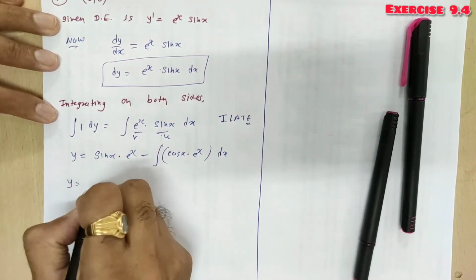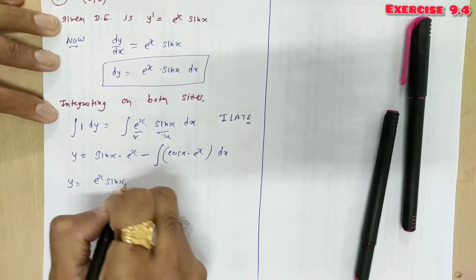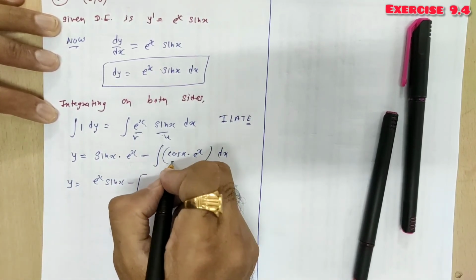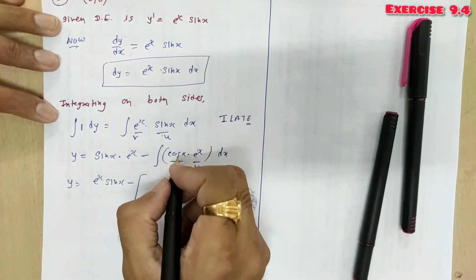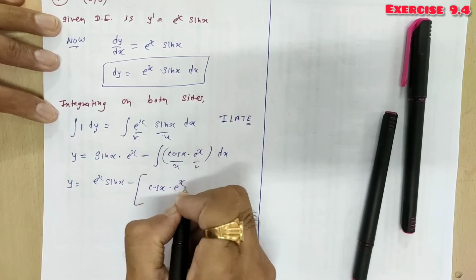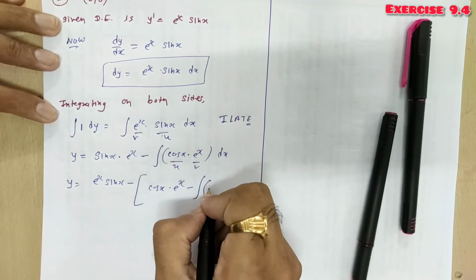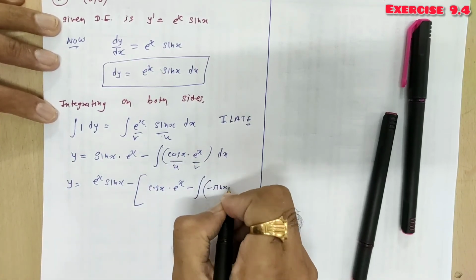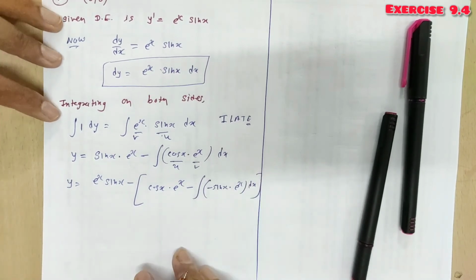So this is equal to y. This one is e raised to x sin x minus again integration by parts. This is our u and this is our v. u as it is, cos x as it is, integration of v, which is e raised to x, minus integration of the differentiation of u, which is minus sin x, into integration of v, which is e raised to x dx.